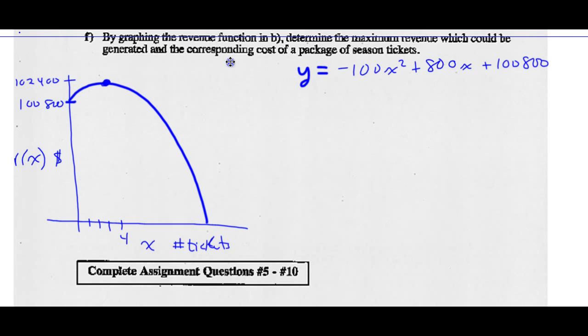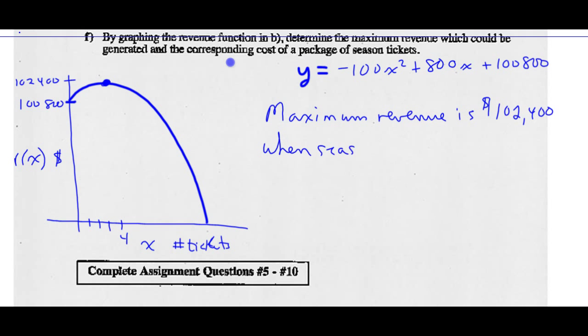So having said that, we should say the maximum revenue is $102,400, and the corresponding cost of a package of season tickets is 140 plus 4 increases of $5.